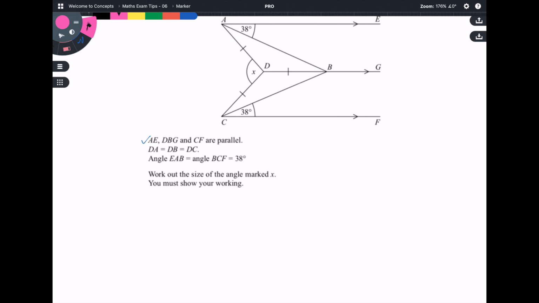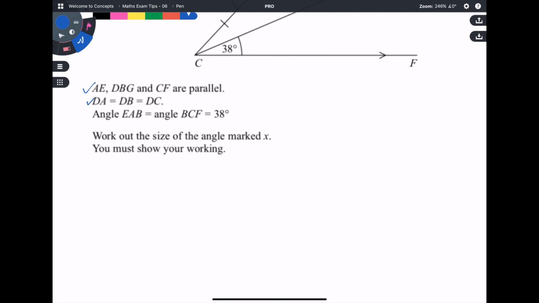Okay, so I've got that in my head and I'm going to take that sentence off. Angle EAB is equal to angle BCF. So I can see that angle and that angle is the same. Perfect, noted it down. So I'm going to tick that sentence off.